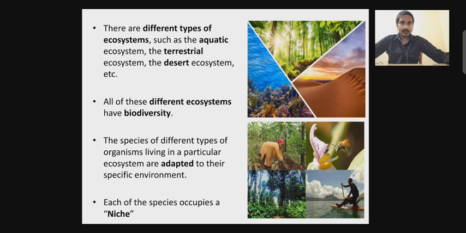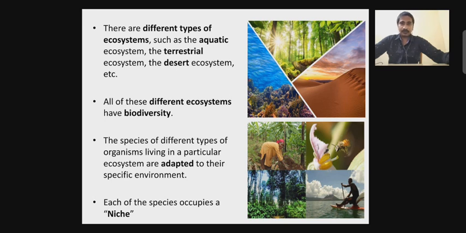All these ecosystems have diversity in them. And each and every individual species living in a particular ecosystem has adapted itself so that it can live in that environment. For example, fish develop fins and gills for respiration. They have streamlined bodies, so their bodies are adapted especially for living in the aquatic region.